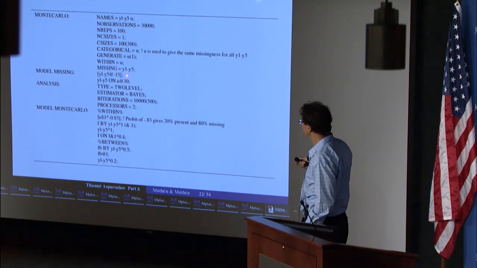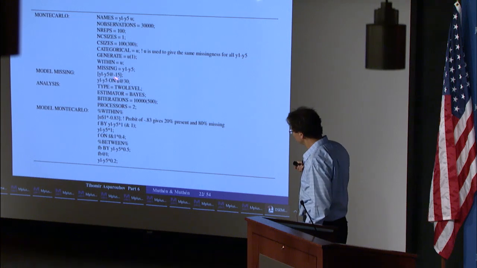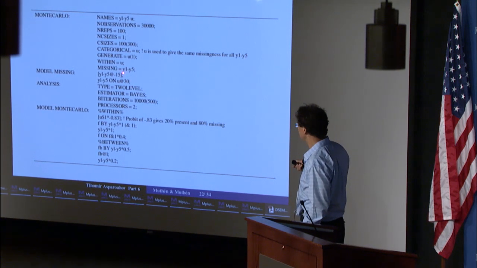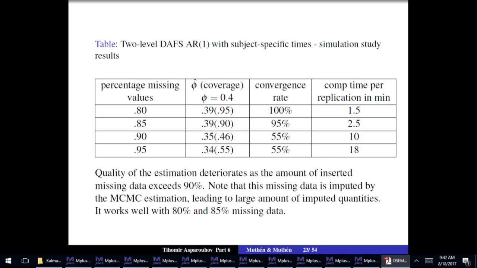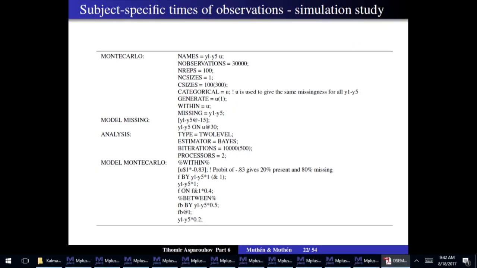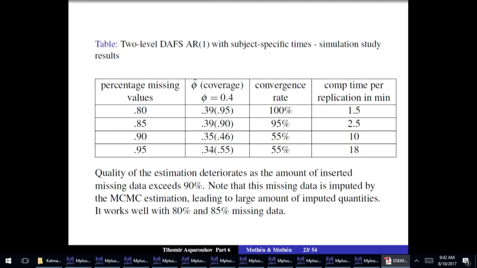When it's -15, the variable is not missing, and when u is 1, for all these variables the threshold will be 15. So you get all the variables to be missing when it's 15. That's the probability on the logistic scale for the variable to be missing. So that's how you generate this kind of data that is missing at the same time or not. Here are the results of this simulation. We vary the percentage of missing values in the simulation.